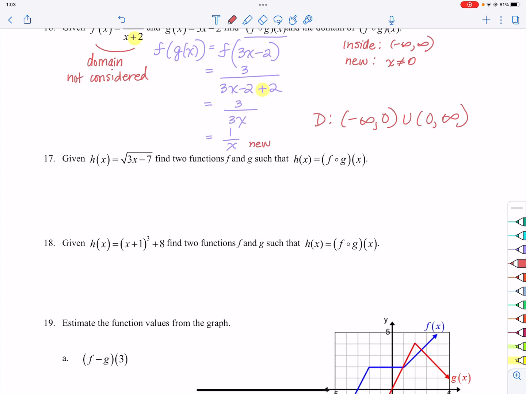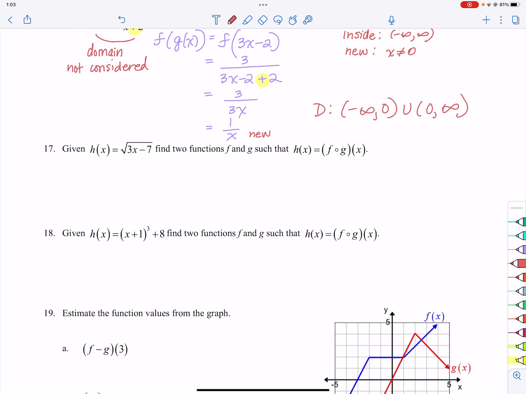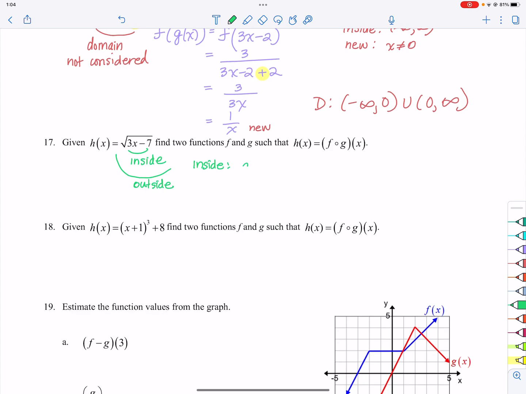Okay, so let's go ahead and now look at h of x, that is the already composed function. So what I like to do is say what the inside function is and what the outside function is. So can you see that the inside function is going to be, we could say g of x is equal to 3x minus 7, because this is equal to f of g of x.